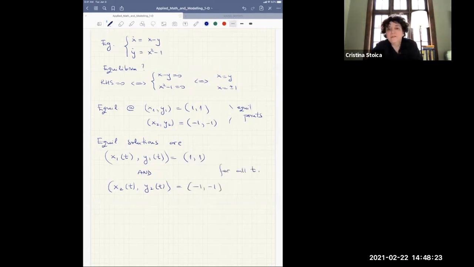Okay, that's the difference. So these are points and these are solutions. Good. I don't think that there are any problems with this.